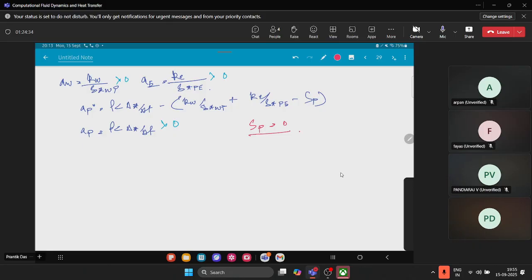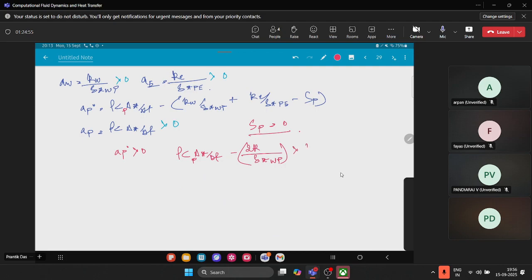So AP naught, if it's to be positive, then rho CP delta X by delta T minus 2K, if KW equals KE. So we are assuming uniform conductivity over the whole rod itself.